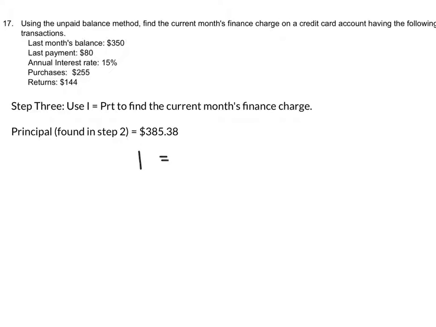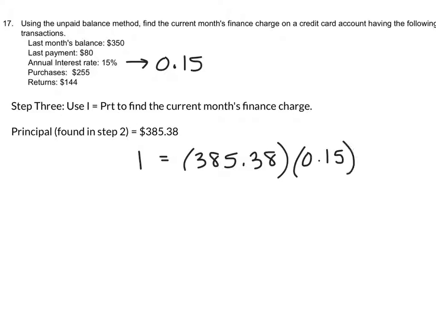So I equals the principal, which is $385.38, times R, which is the interest rate, which was 0.15, times T. And remember, T for the unpaid balance method is always 1/12. That's because we're figuring the amount for 1 month out of a year.